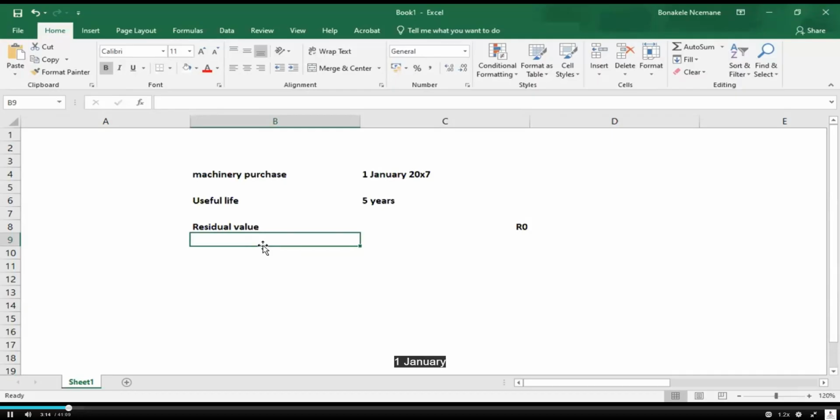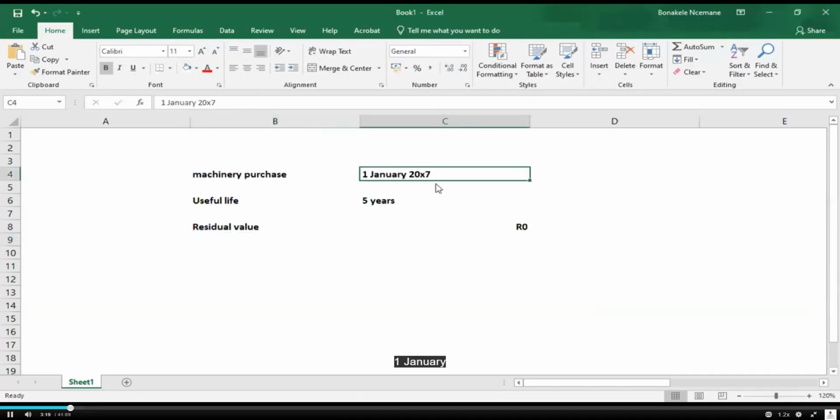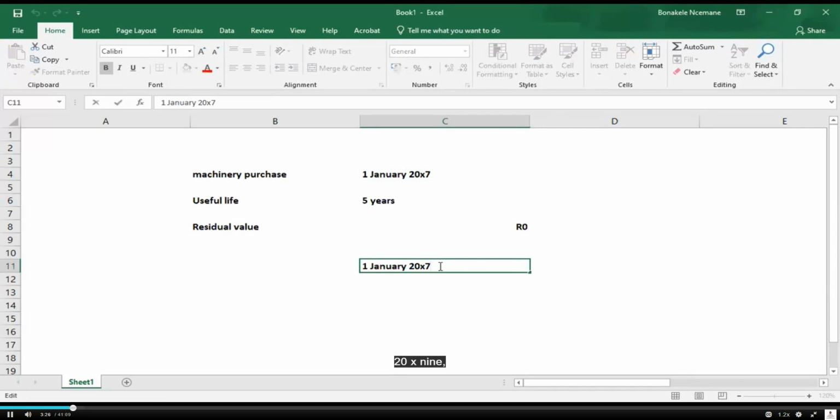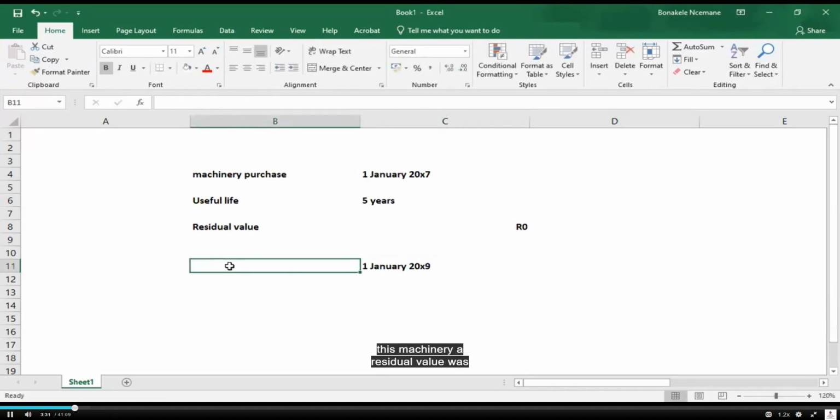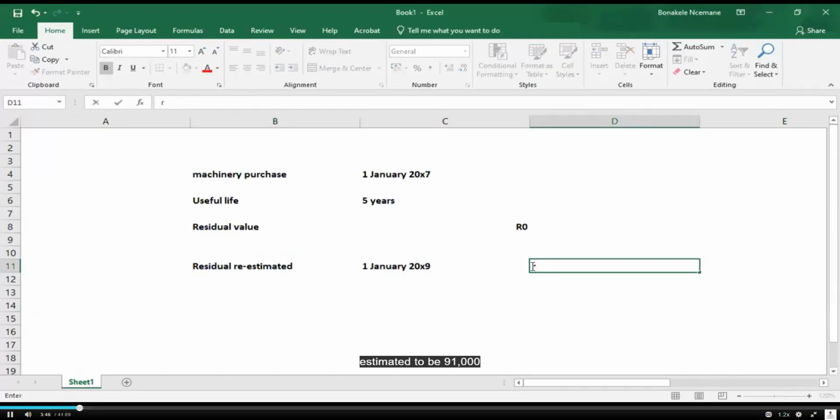However, on the 1st of January 20x9, this machinery's residual value was re-estimated to be 90,000.